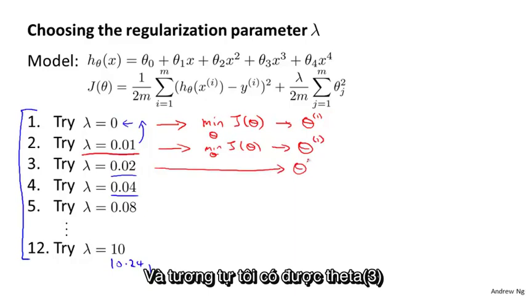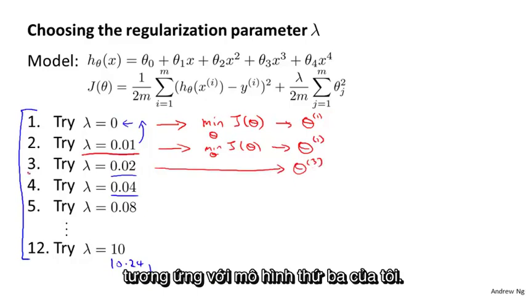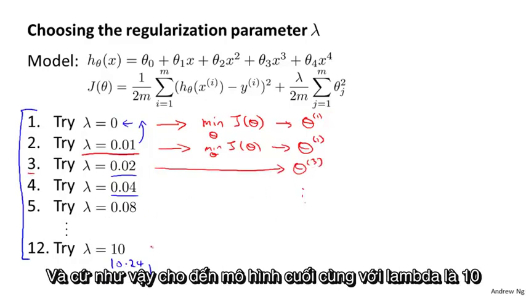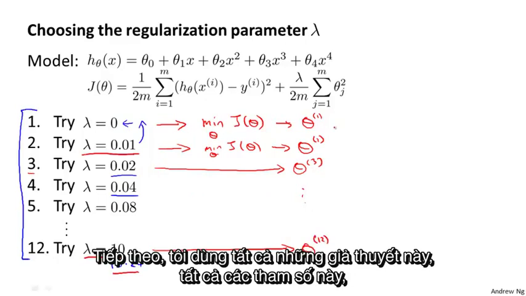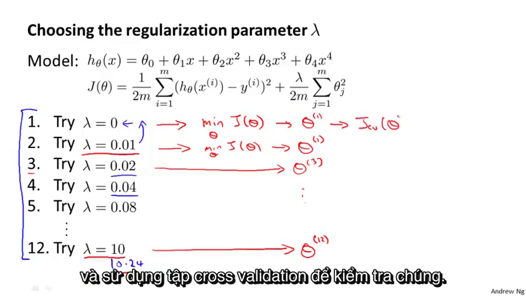And for my third model, I end up with theta 3, and so on until for my final model with lambda set to 10 or 10.24, I end up with this theta 12. Next, I can take all of these hypotheses, all of these parameters, and use my cross-validation set to evaluate them.